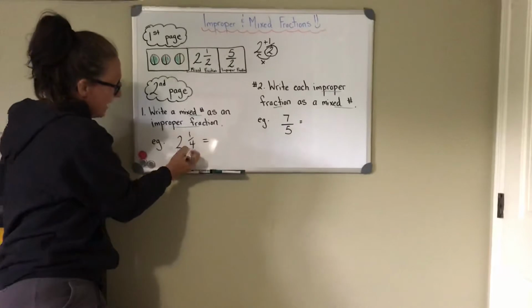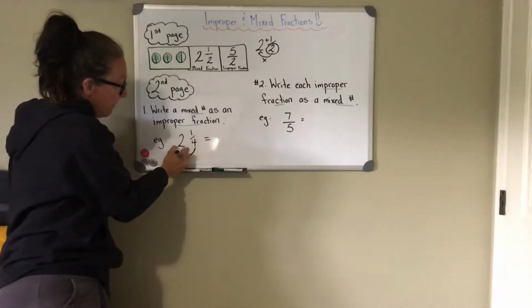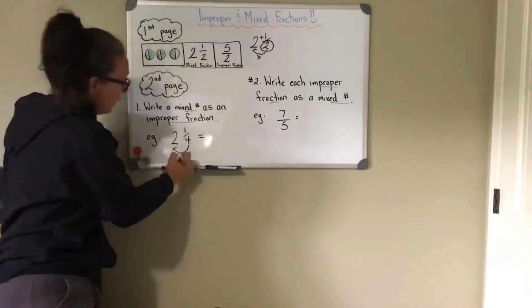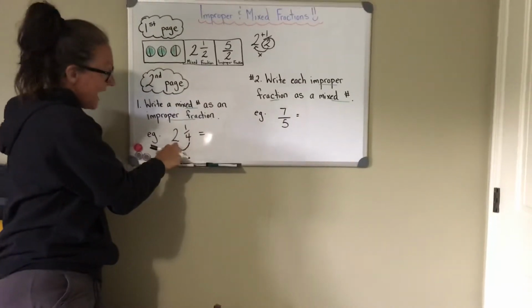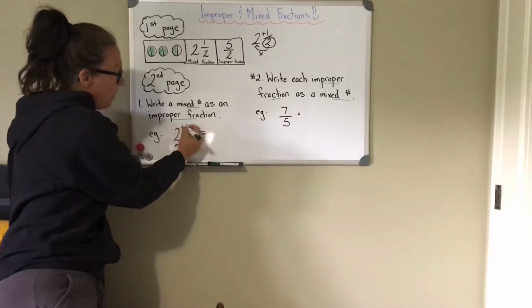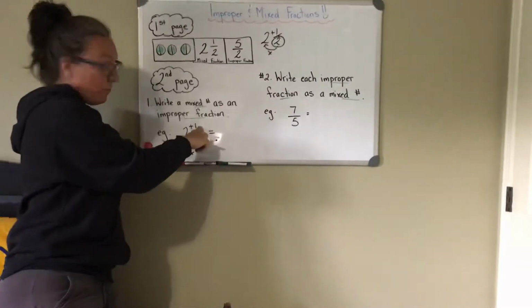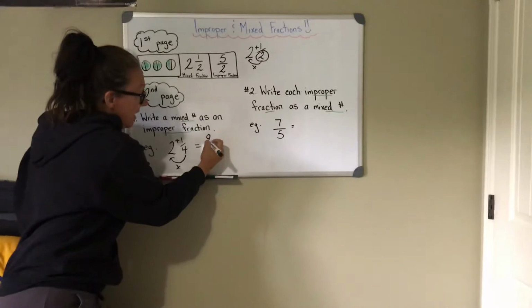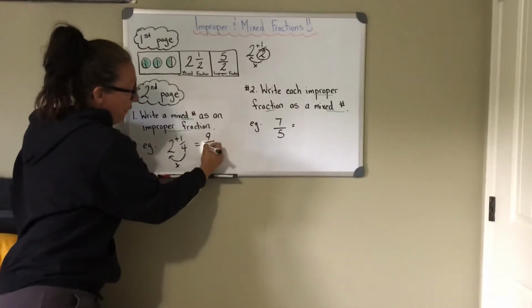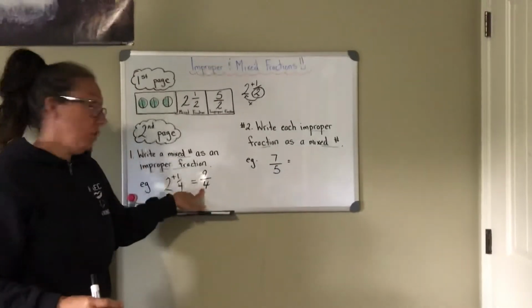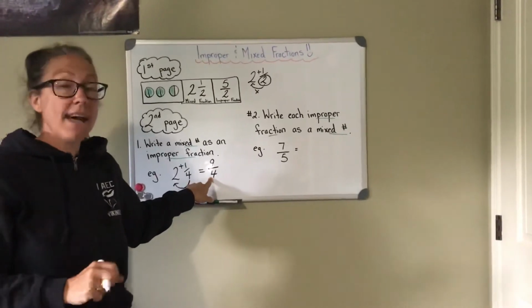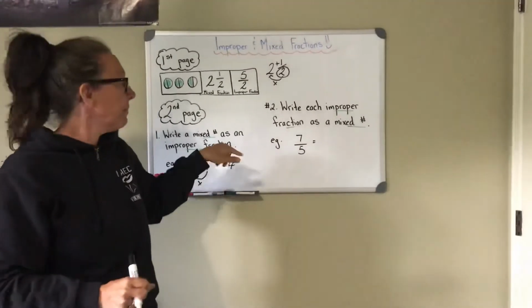Okay, so once again, you look at the bottom, the denominator, and you multiply it by how many wholes there are, which is 8. And then you add whatever is at the top for the numerator. So 8 plus 1 is 9, and that's going to be over 4. You'll notice again that the denominator is smaller than the numerator. That's why it's an improper fraction.